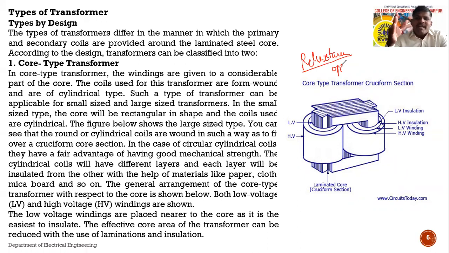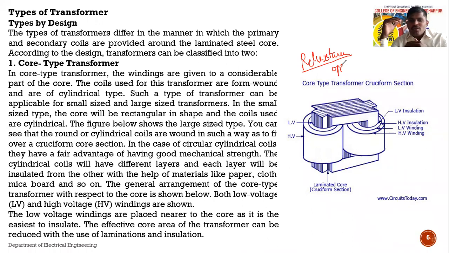So the primary winding flux will totally induce EMF in the secondary winding, or totally it will be linked with the secondary winding. That means there are minimum losses if we use a low reluctance material.